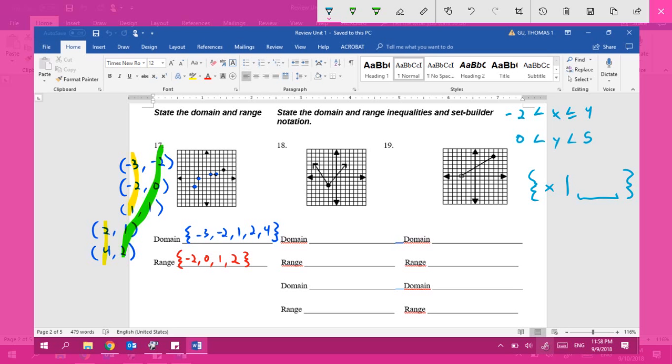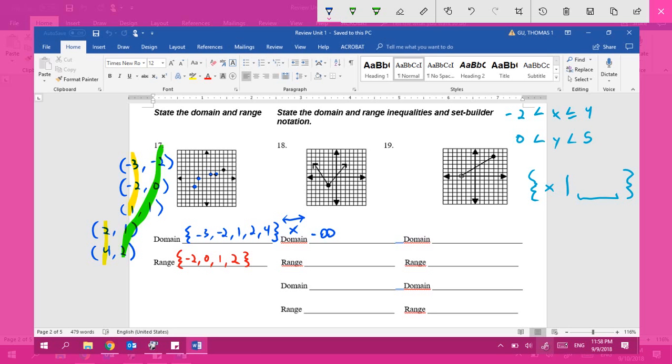First of all, talking about the inequalities, this is the best way to start, in my humble opinion. We're talking about domain, that's x, that's left and right. You can see there are arrows going up and to the left and up and to the right. That means it's going left forever. Left forever means -infinity, negative forever, and it's also going right, or positive forever.